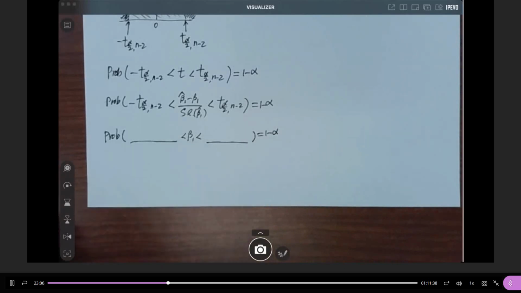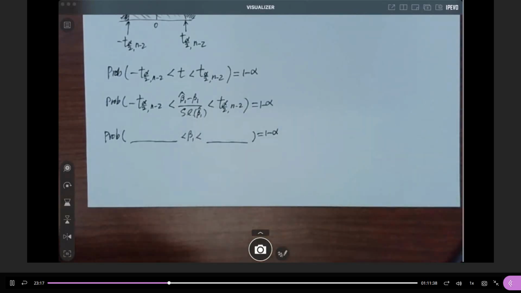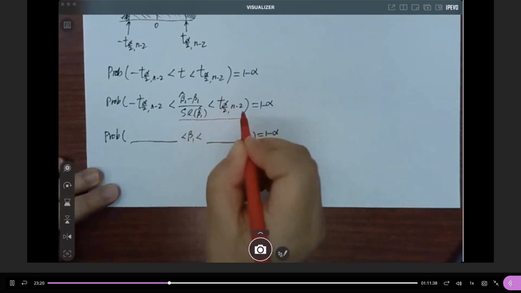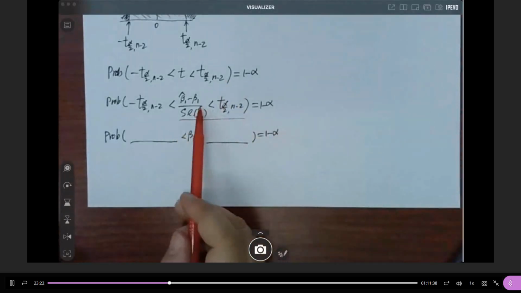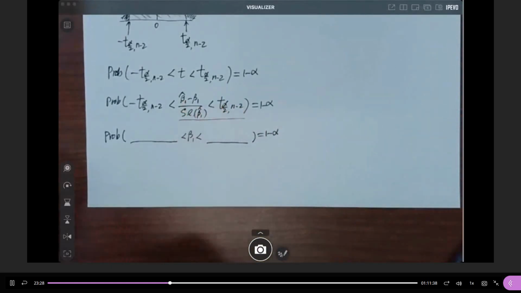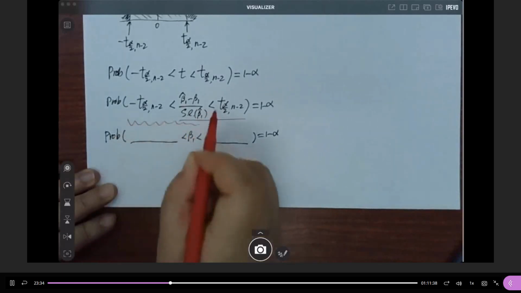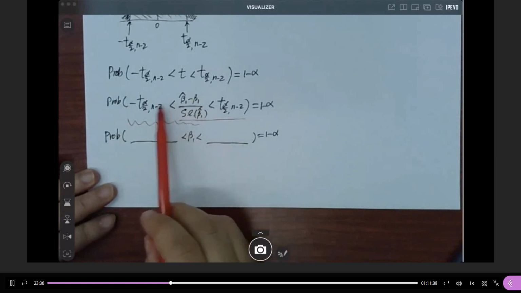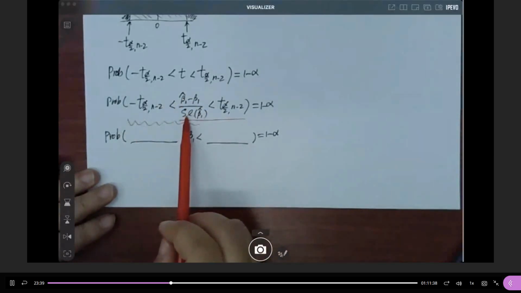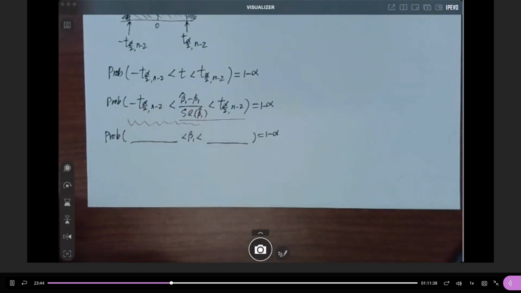So what is the lower bound for beta 1? If you look at this side of the inequality, you can find that beta 1 is greater than beta 1 hat minus this multiplied by this, right? On the other hand, if you look at this side of the inequality, you'll find that beta 1 is less than beta 1 hat plus this multiplied by this, because there's a negative sign, move to the other side, it becomes a plus.